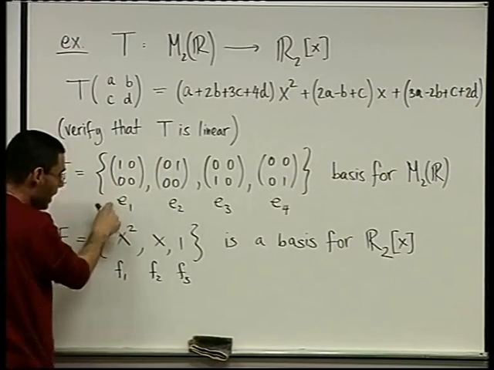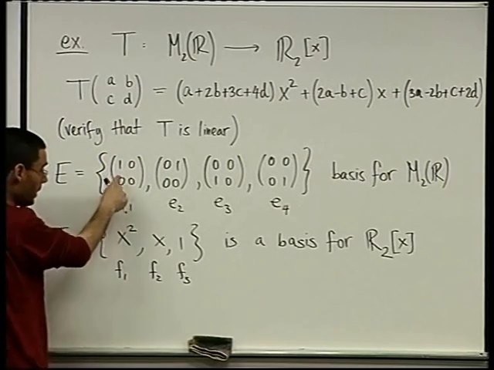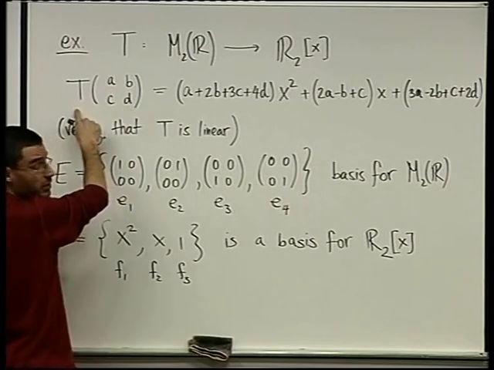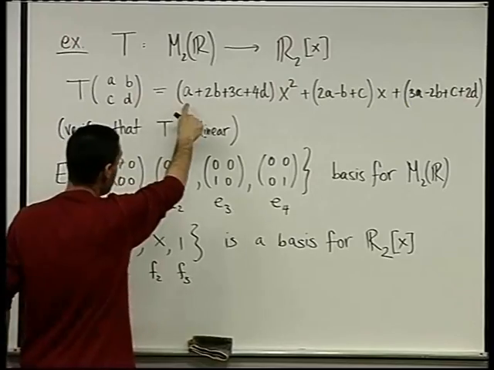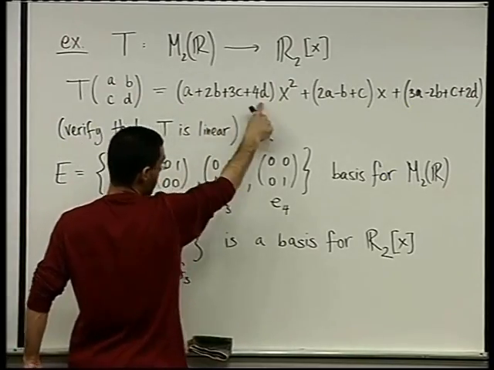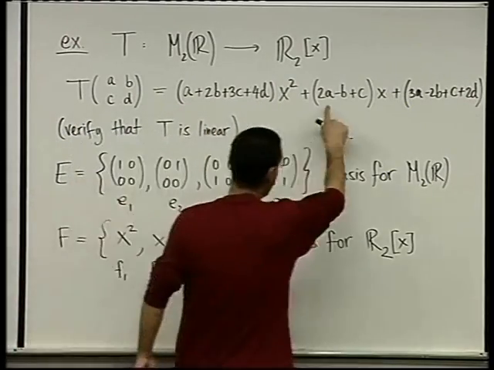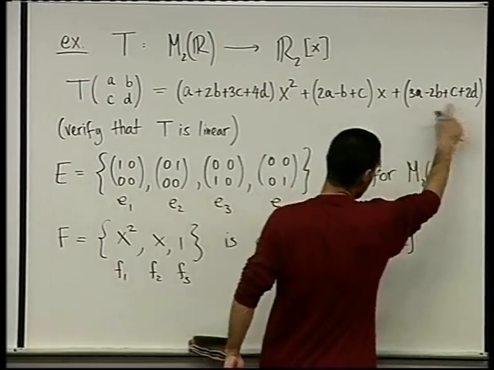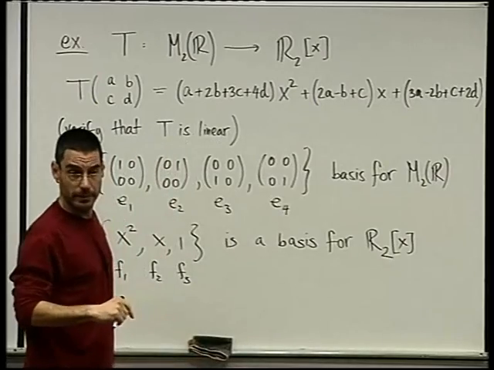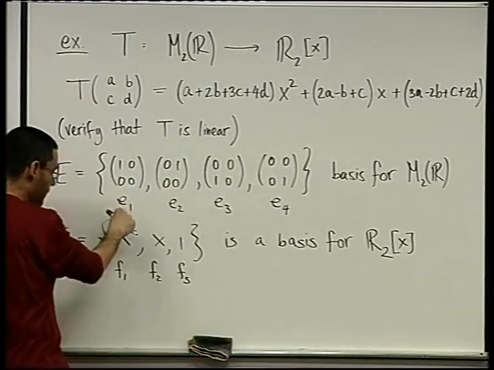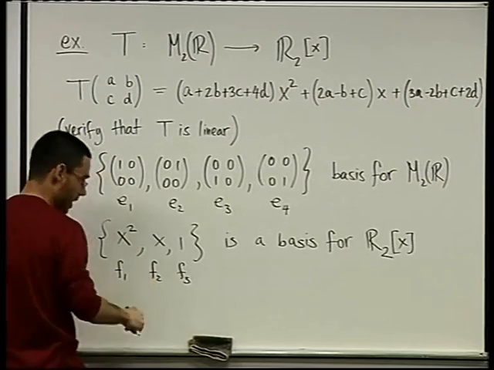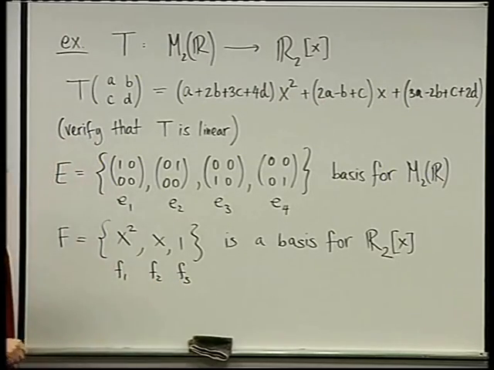What is T of E1? E1 is 1, 0, 0, 0. I plug in 1, 0, 0, 0 into T and see what I get. I get 1 times x squared, because these are all zeros, plus 2 times x, plus 3 times 1, right? So T of E1 is 1 times F1 plus 2 times F2 plus 3 times F3. Do you see that? Okay.